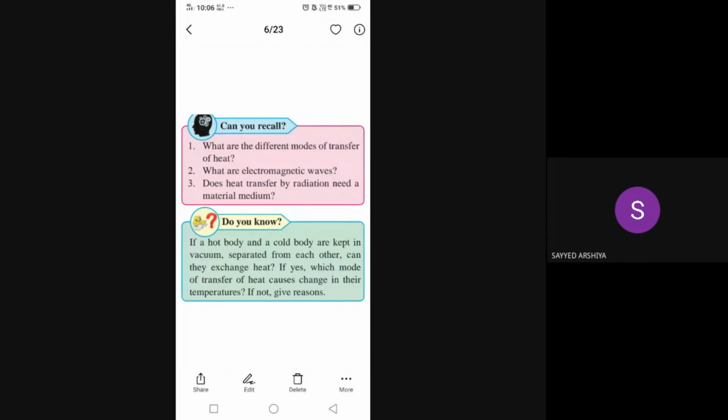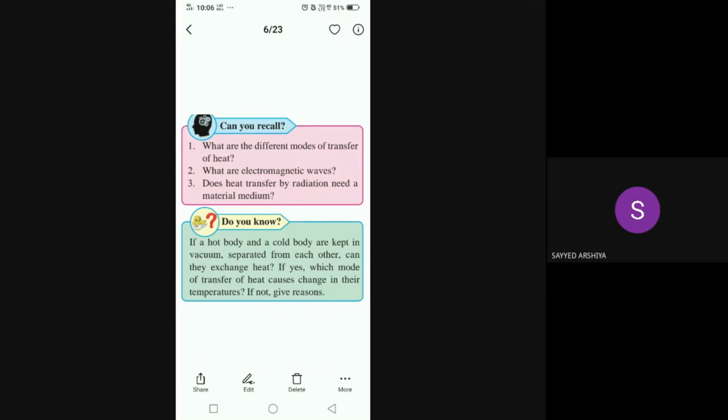First question is, what are the different modes of transfer of heat? Can you tell me? Come on, tell me if someone knows what the different modes of transfer of heat are.